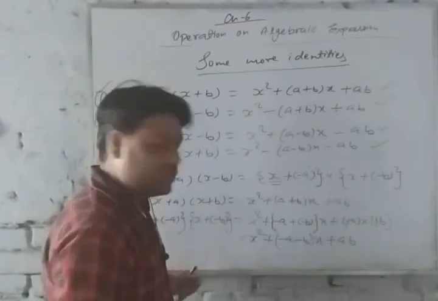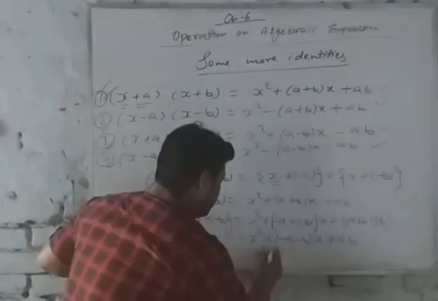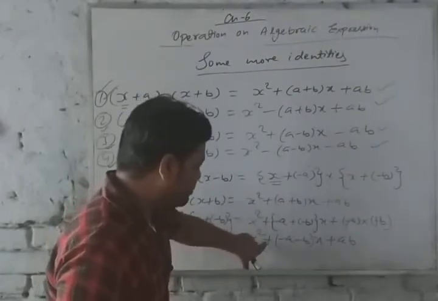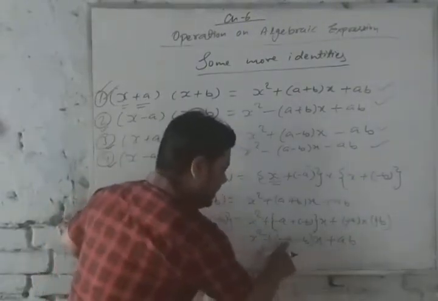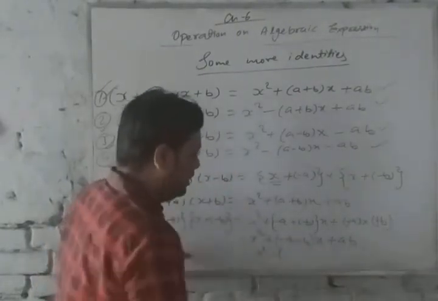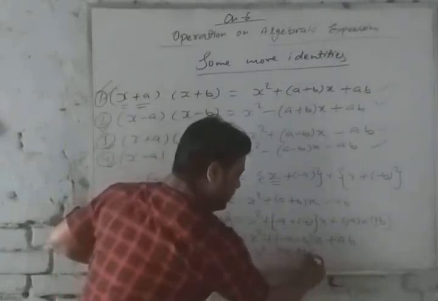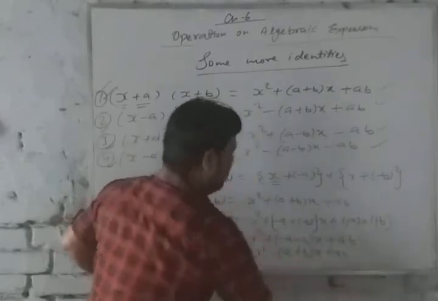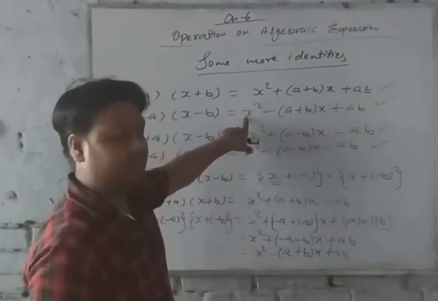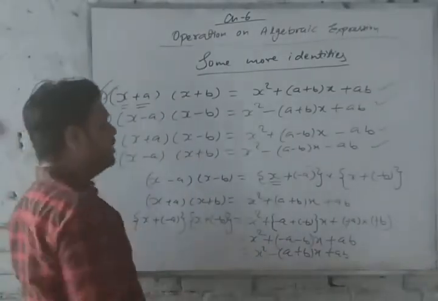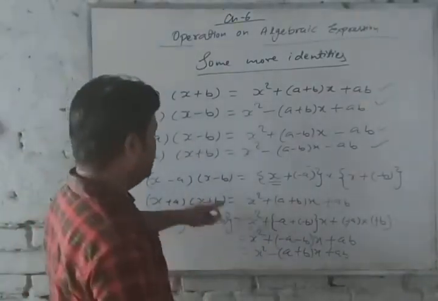Take one minus outside. Then x square and one. If you take one minus outside, then every sign will change: a plus b, x plus ab. Now you can see it is the same formula. So like this, you can solve these two also, and you will get the same formula.